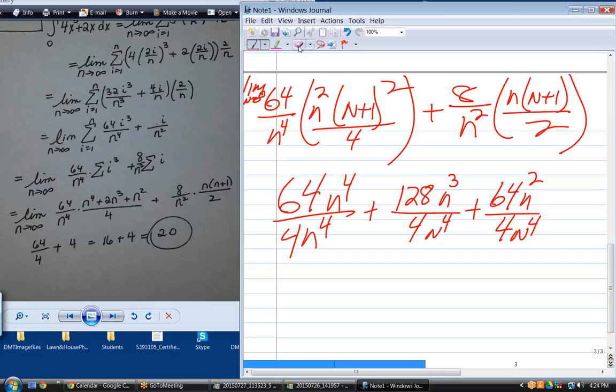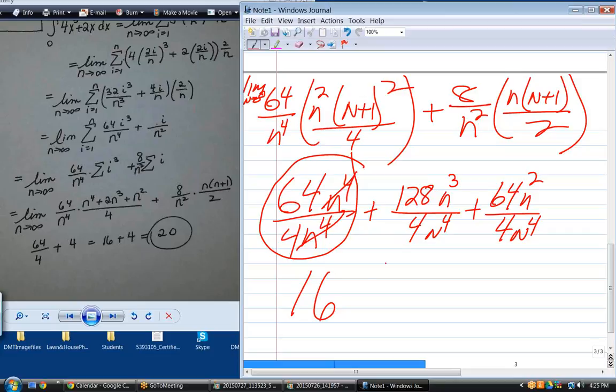Now, as n goes to infinity, this thing goes to 16. The n to the fourth cancels with this n to the fourth, and all I'm left with is 64 divided by 4.